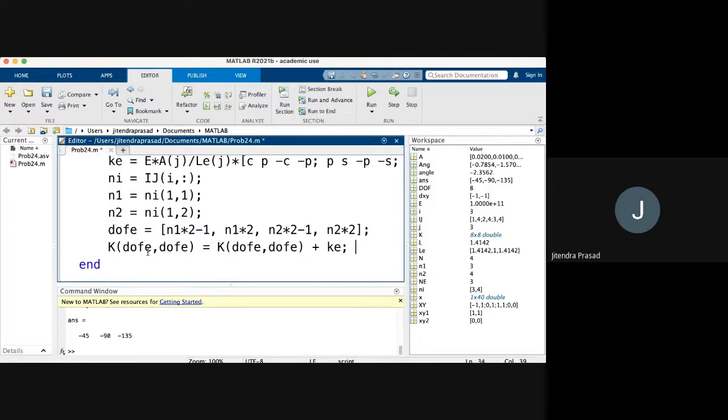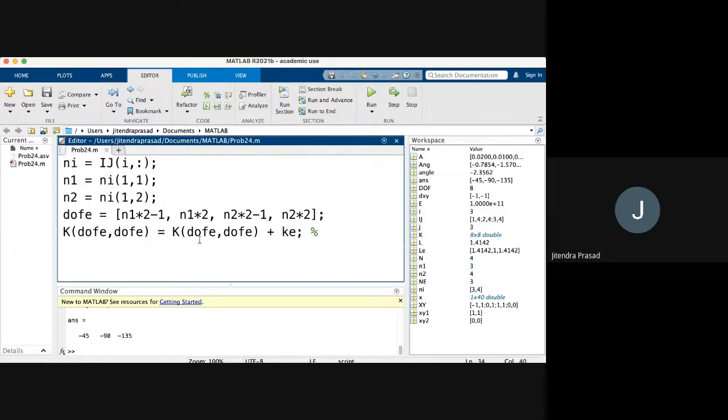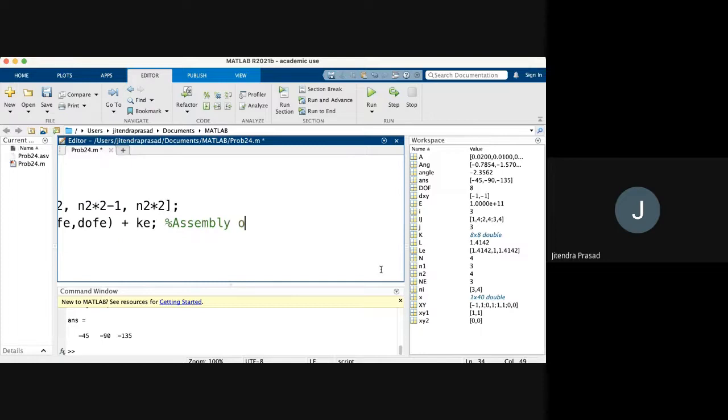On paper, when you have to assemble it, you have to spend a lot of time. Here you just write this one line and it's assembled. So this is the assembly of the stiffness matrix.